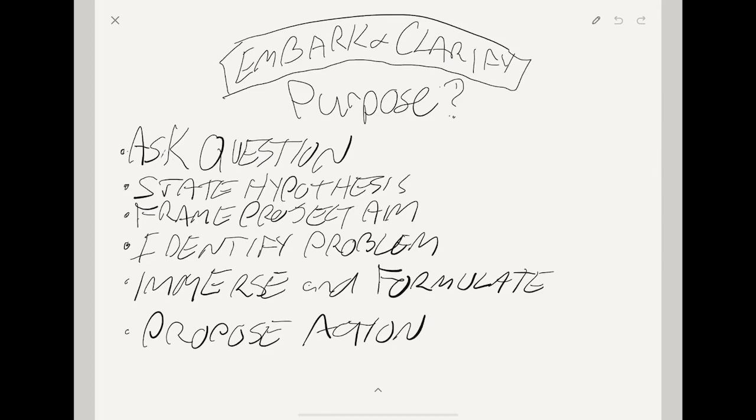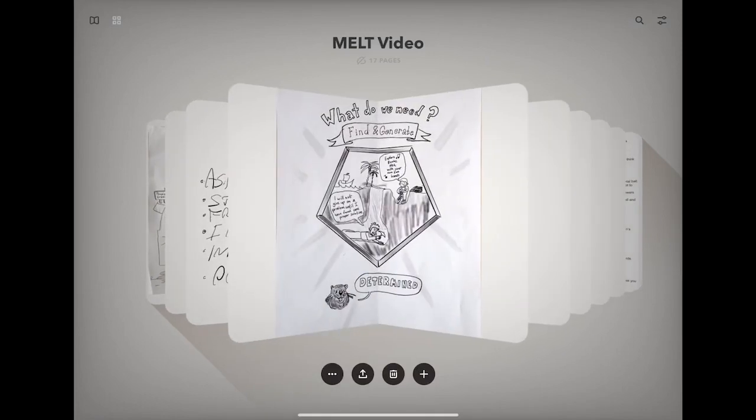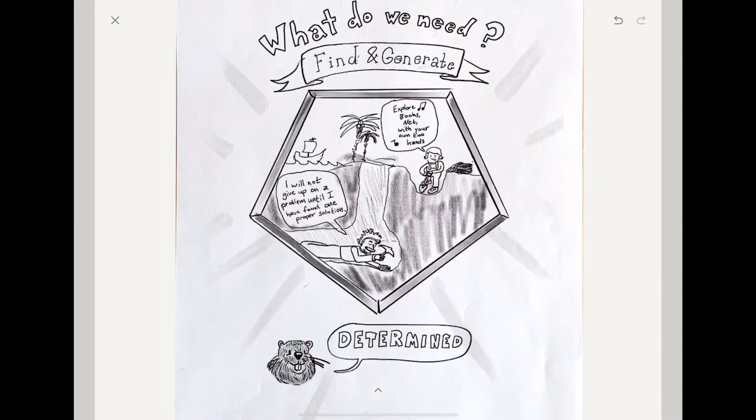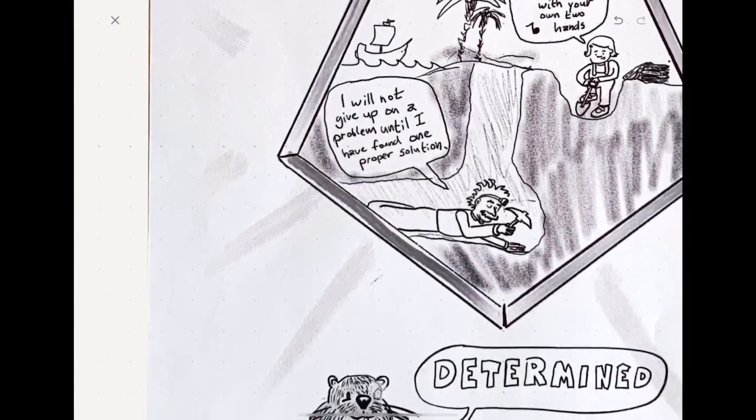And clarify that. After we have become clear in our own learning or our teaching, or for students' learning, then we need to consider the question, what do we need? We need to find information or generate data. Einstein said, "I will not give up on a problem until I have found one proper solution."